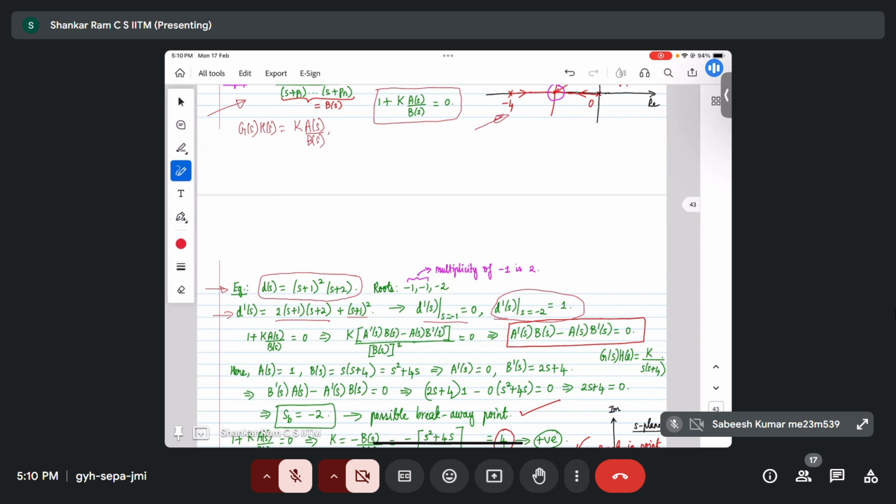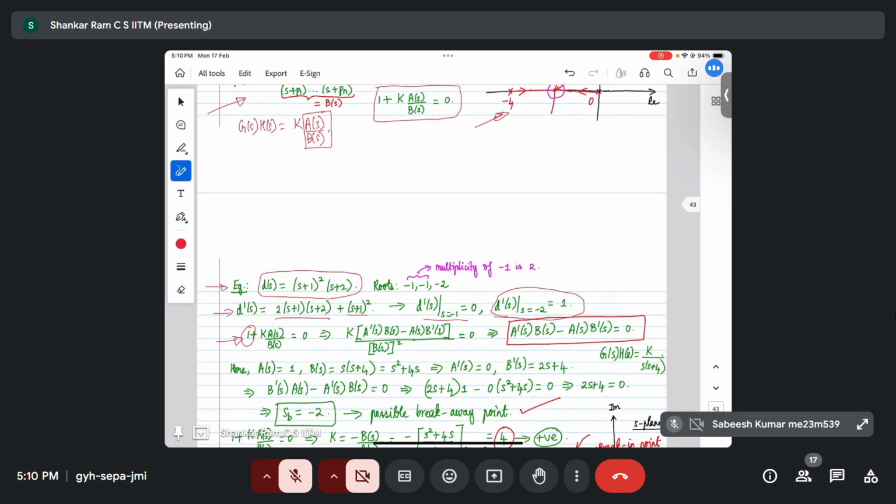So how are we going to do this? We are going to apply that to 1 plus K times A(s) by B(s). When we take the derivative, 1 is a constant, so the derivative is 0. Then we are left with K times A(s) by B(s). How do I take the derivative of A(s) by B(s)? We use the derivative of ratios rule, the p by q rule, as we learn in calculus.